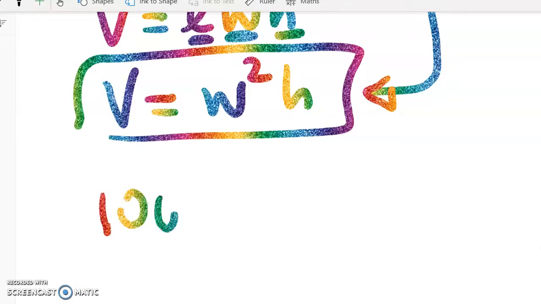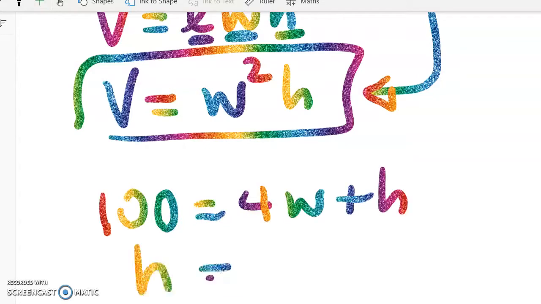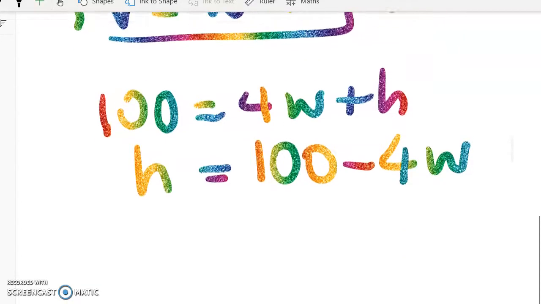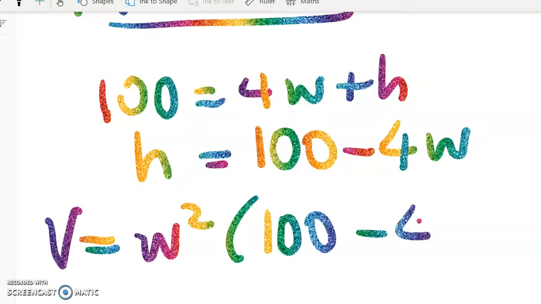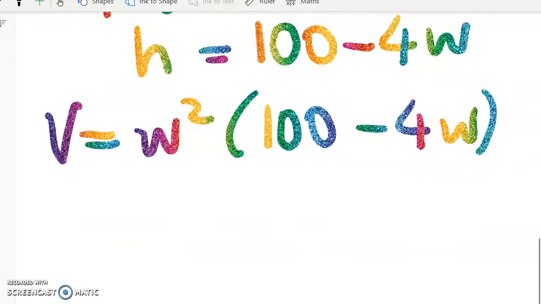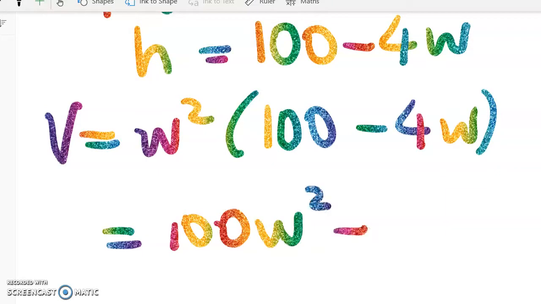So we have 100 equals 4W plus H, giving me H is equal to 100 minus 4W. That gives me an expression for V of W squared times 100 minus 4W. We can expand out those brackets and get 100W squared minus 4W cubed.